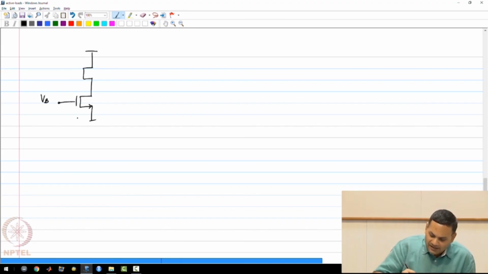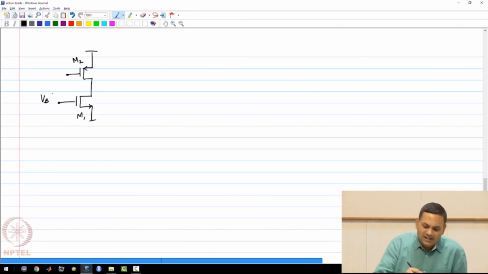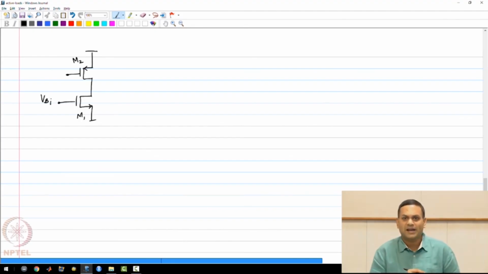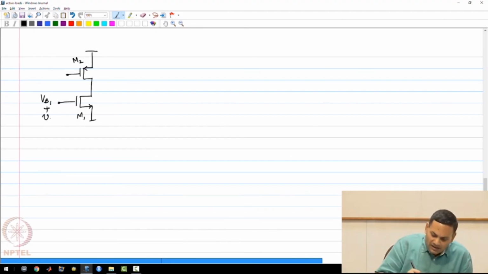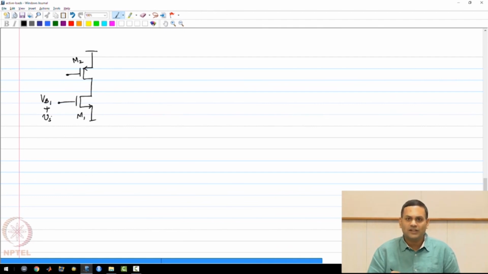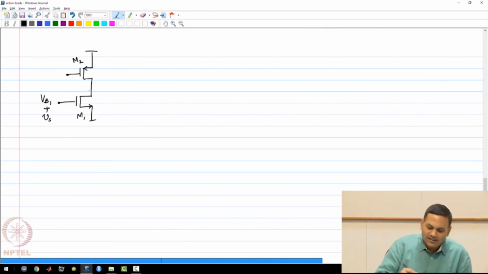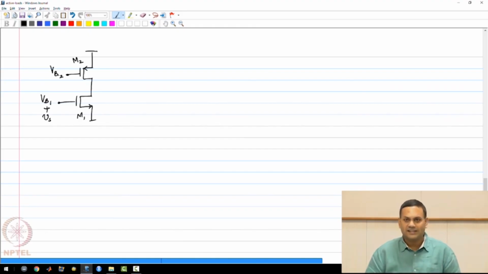Let us say the NMOS transistor is M1 and the PMOS transistor is M2. The NMOS transistor has a bias voltage VB1 and a signal voltage Vs applied to the gate. The PMOS transistor has some voltage VB2 at its gate.